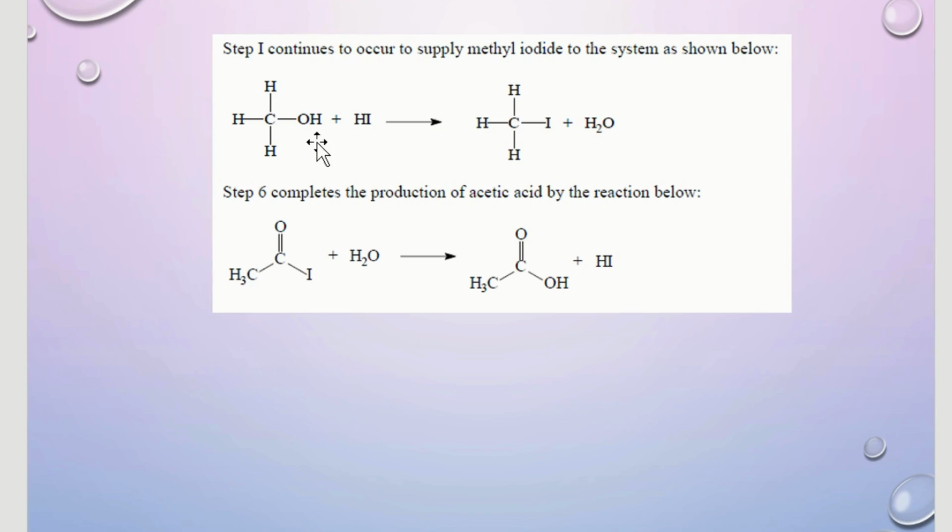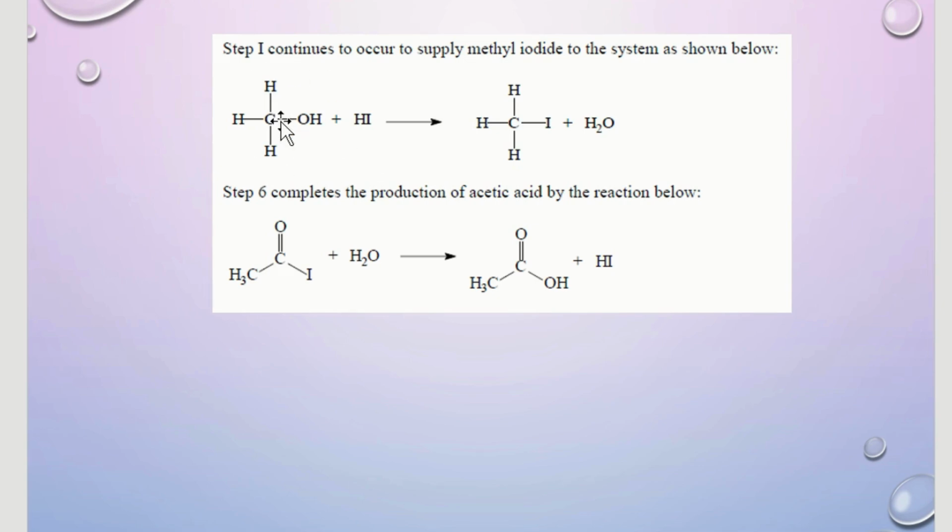The first slide already showed that a mixture of carbon monoxide reacting with hydrogen gas produces what we call syngas, with the catalyst of copper and zinc to produce the methanol.